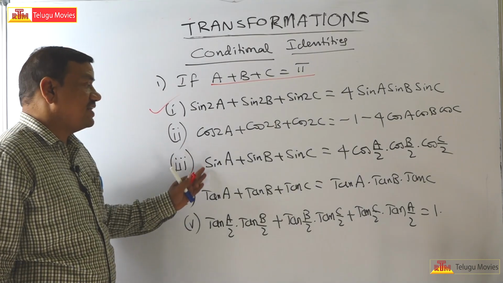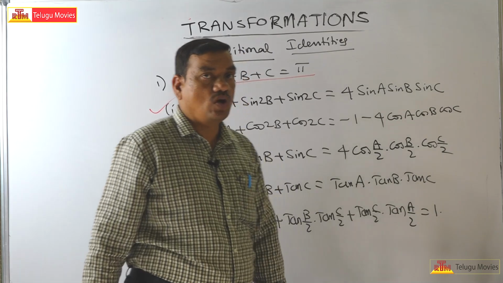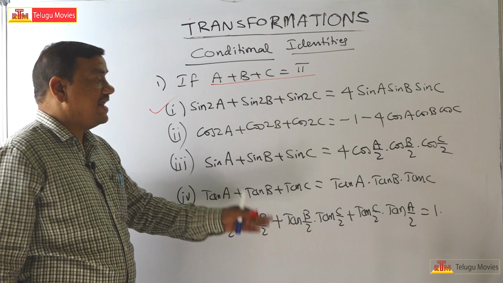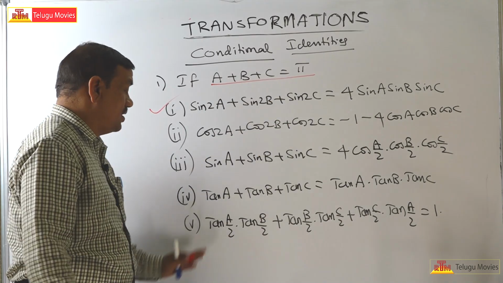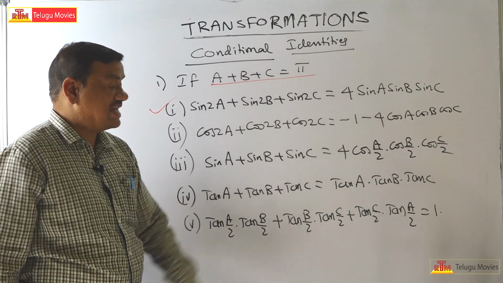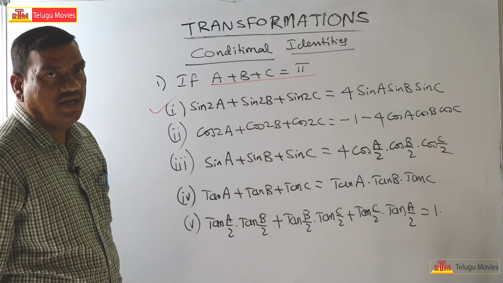The third one is sin a plus sin b plus sin c is equal to 4 cos a by 2 cos b by 2 cos c by 2. Tan a plus tan b plus tan c is equal to tan a into tan b into tan c. Tan a by 2 into tan b by 2 plus tan b by 2 into tan c by 2 plus tan c by 2 into tan a by 2 is equal to 1. All can be easily proved.